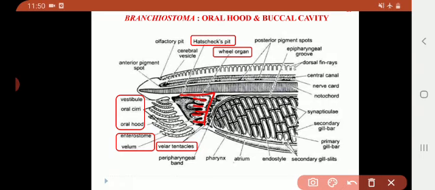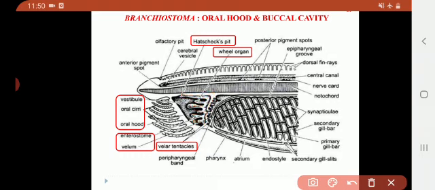The tentacular structures act like a filter, filtering out all the unwanted and larger particles from entering the pharyngeal region. I hope that is clear.